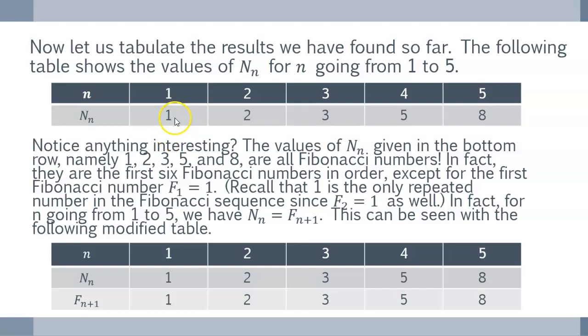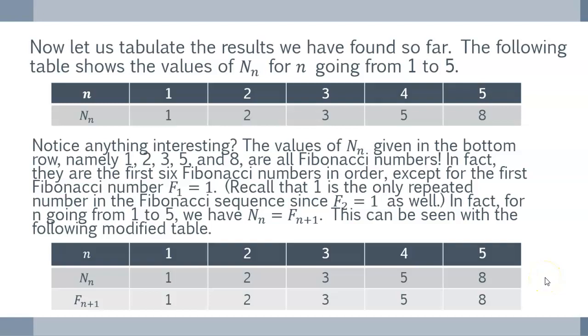This number here is really F2, this is F3, and this is F4, F5, and F6. So it looks like capital N sub n is equal to capital F sub n plus 1, at least for n going from 1 to 5. And just to drive that home, I tabulated N sub n and F sub n plus 1, and you'll notice that they're the same for all these 5 cases.